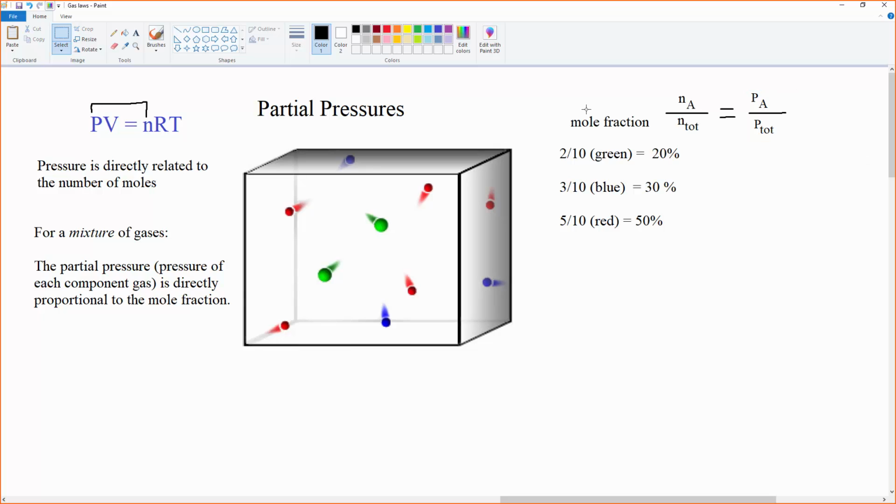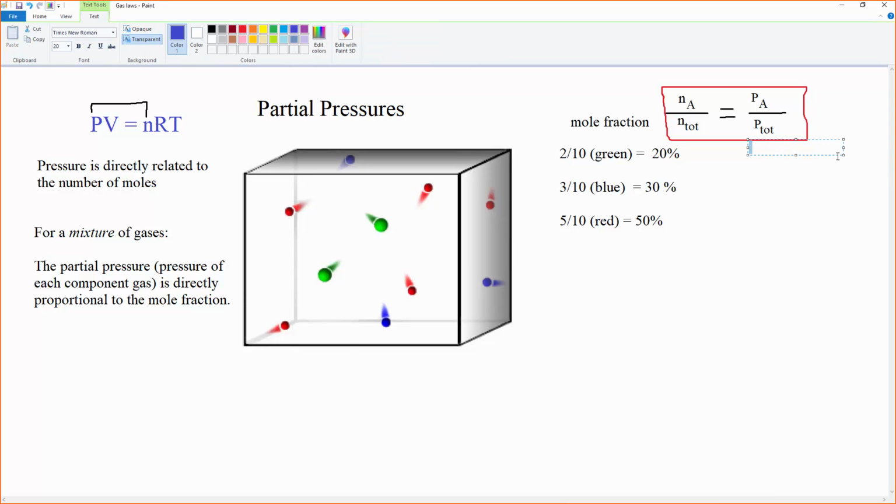So this is the equation, the important equation to remember here. This one right here. And what it essentially says is if 20% of my particles are green, then 20% of pressure comes from the green gas, and 30% of the overall pressure comes from the blue gas, and 50% of the overall pressure comes from the red gas.